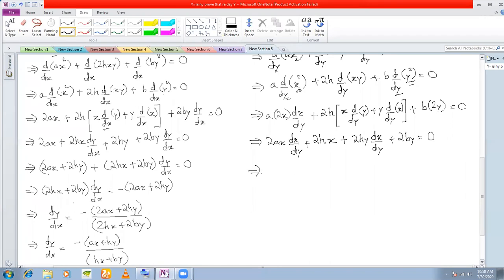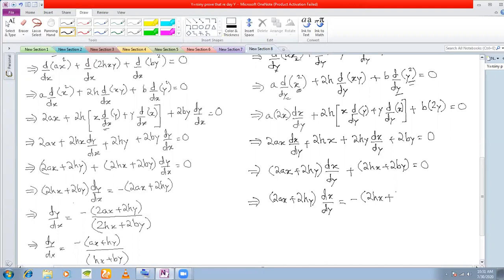That means you have (2ax plus 2hy) dx/dy plus 2hx plus 2by equal to 0. So that means (2ax plus 2hy) dx/dy is equal to minus of all this, 2hx plus 2by.